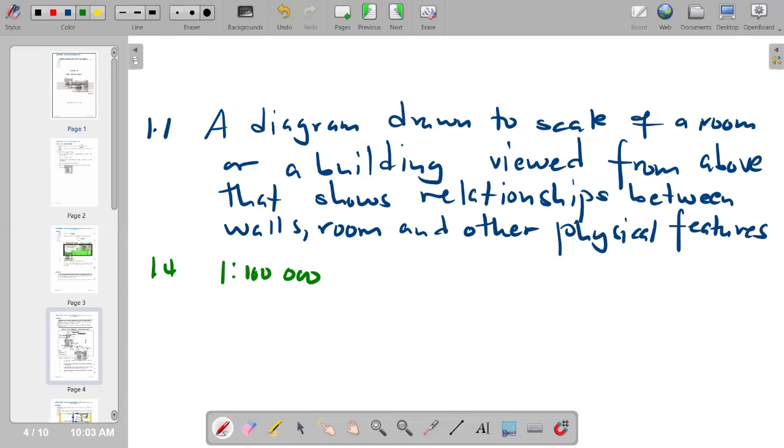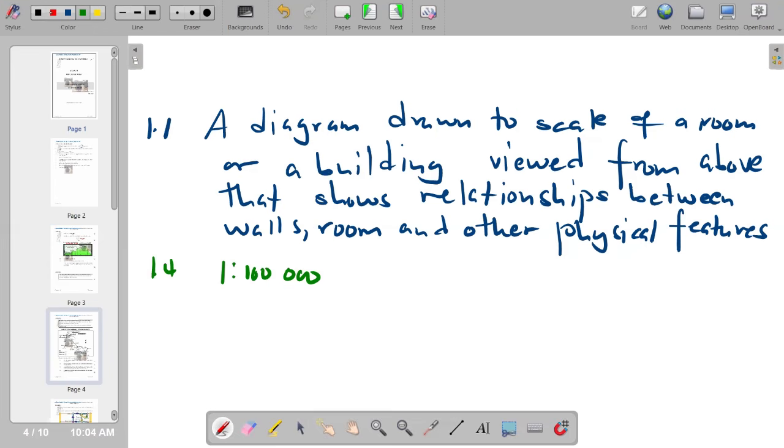In this case, it means 1 unit on the map represents 100,000 units in reality, or the practical, the physical length that we have is represented by 100,000.